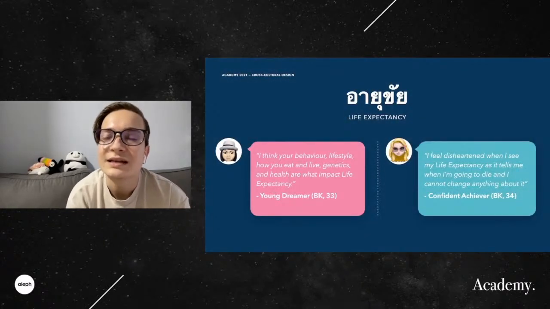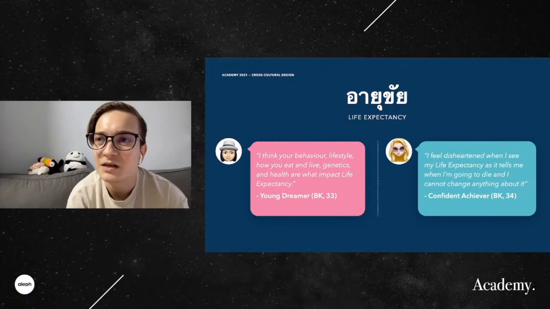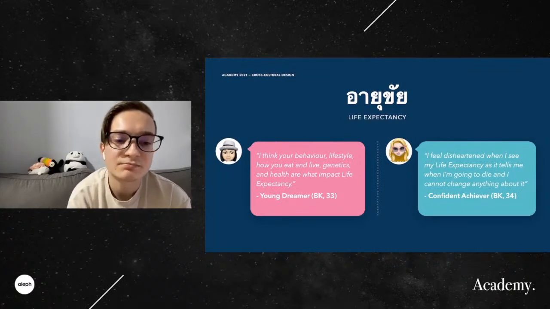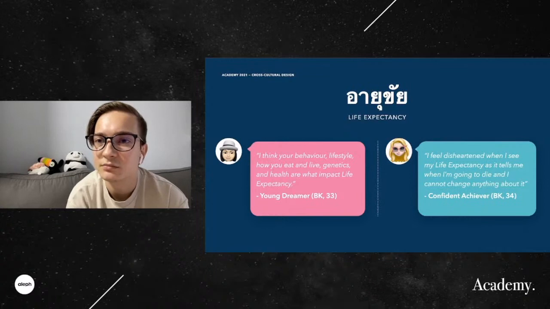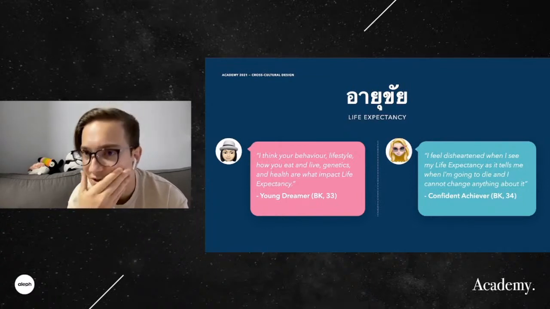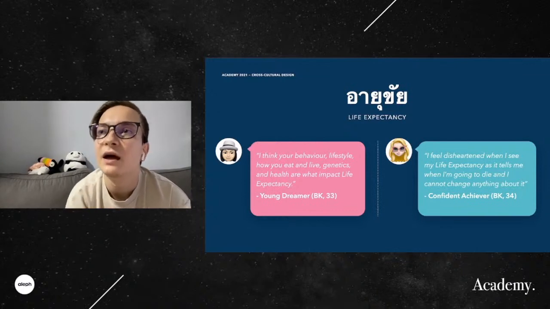In a way, it gets so complicated that sometimes even the terms may be mixed up. So for instance, a few months ago, we were working on one of the products for Thai markets, and we've been researching the users when we came across this term life expectancy.